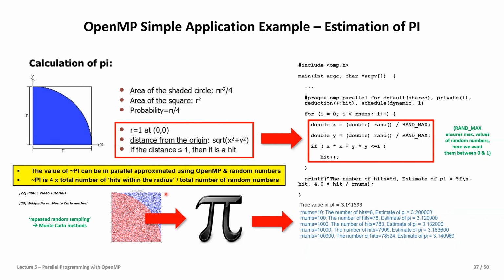So this is something which we can also beautifully parallelize because it's an independently parallel example, right? It will count the number of hits, and with this influence the estimate of pi, and then come to the value over time.